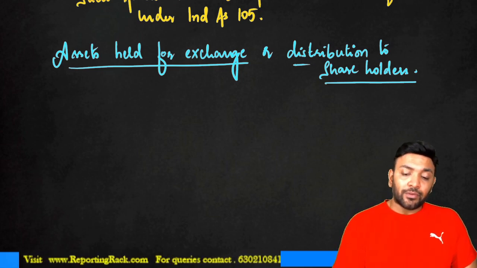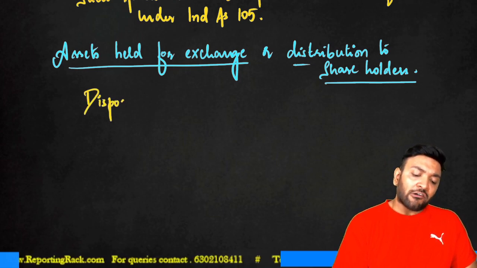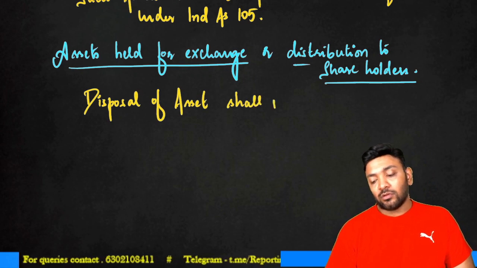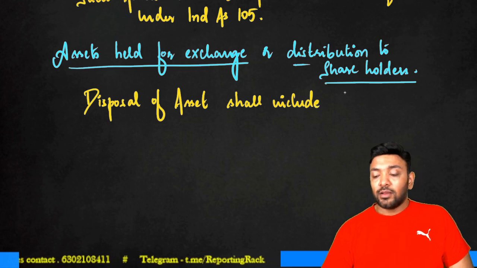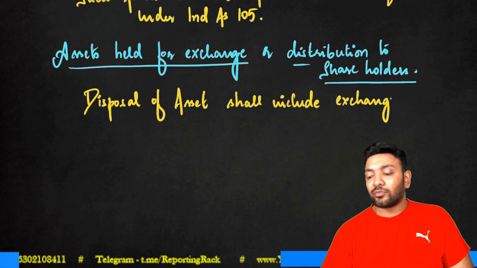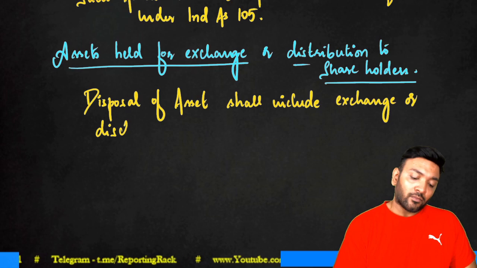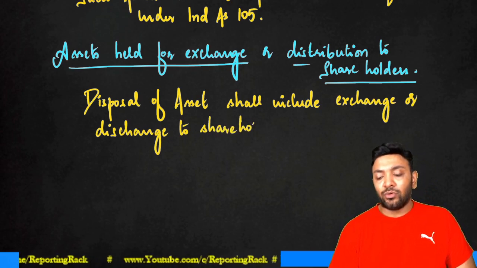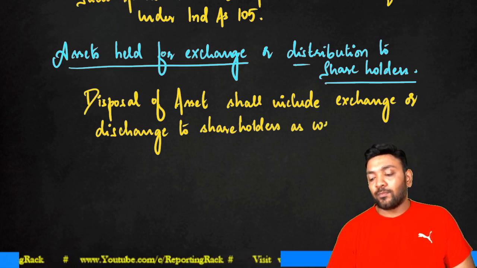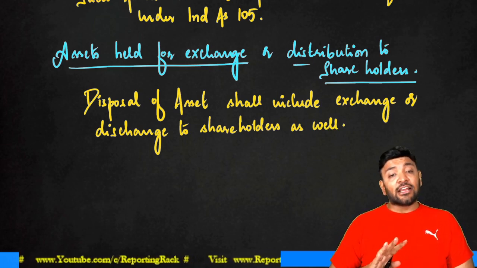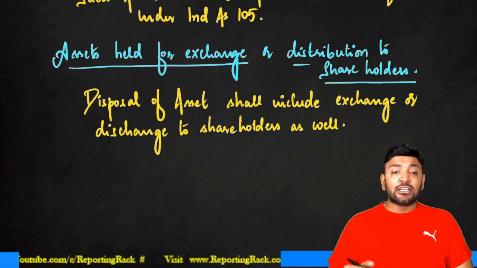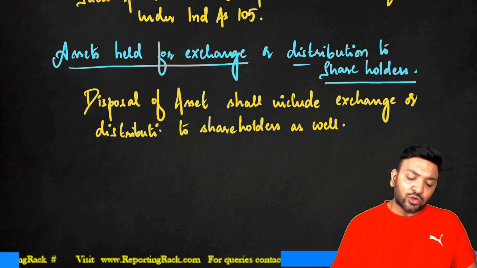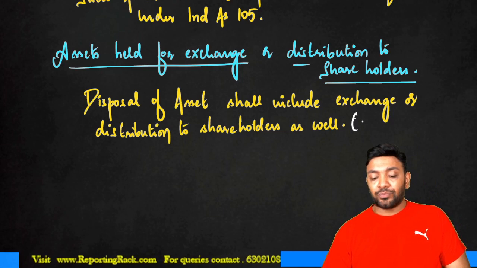In either of these situations, I can say disposal of asset shall include exchange or distribution to shareholders as well, apart from disposal or apart from sale.